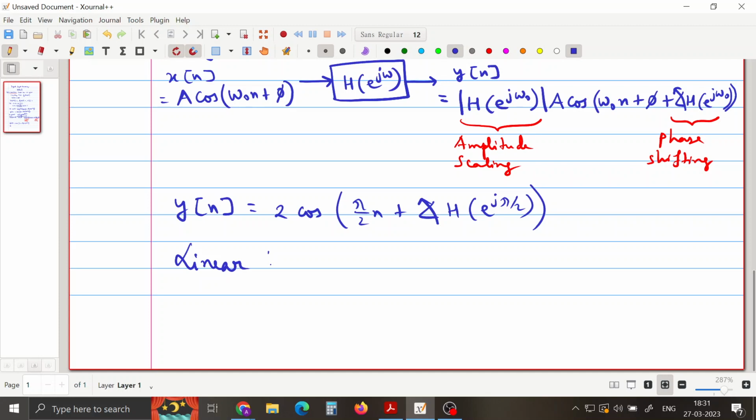So basically you can think practically, the group delay being constant means that all the frequency components get delayed by the same equal amount. So let's go to the next page.